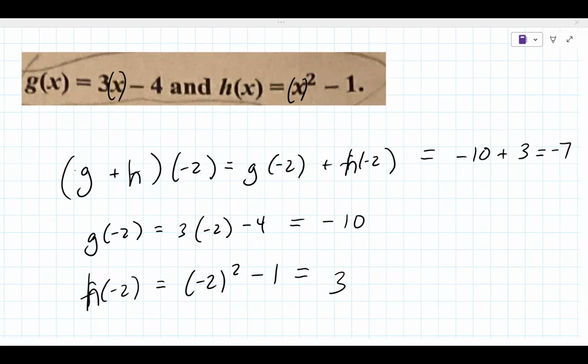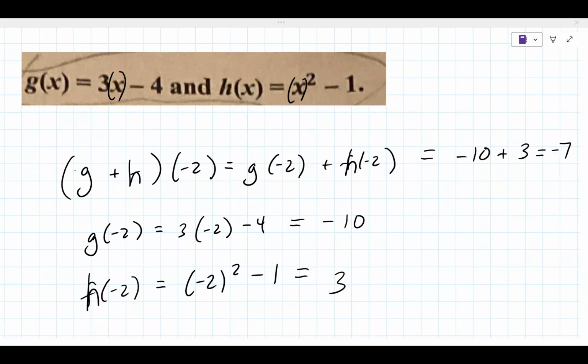Let's try looking at another one. I'm inserting the number into the x, and it's going to tell me what number. Yeah, let's do f minus g of -1. This means f of -1 minus g of -1, so you first find f of -1, and then g of -1.